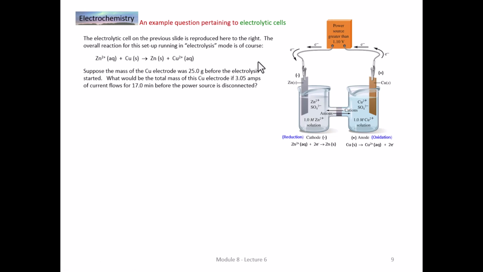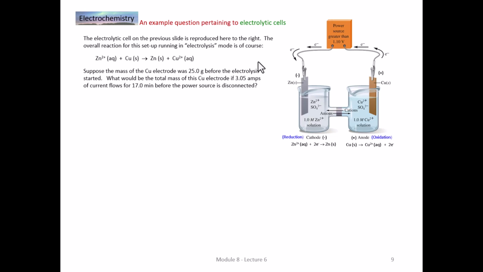Well, let's suppose the mass of the copper electrode was 25 grams before the electrolysis started. What would be the total mass of this copper electrode if 3.05 amps of current flowed for 17 minutes through this circuit before the power source was disconnected?